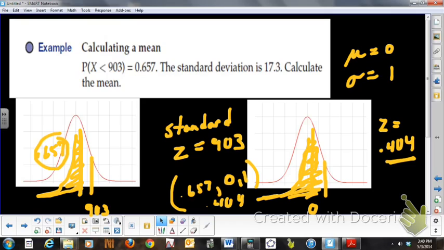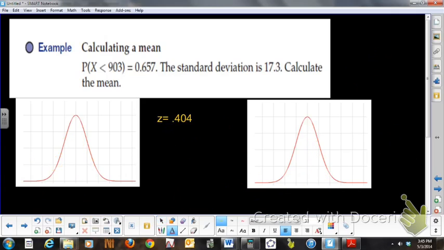So that's our Z score. So now we've found that Z is 0.404, okay? That means, if we go back to our drawing, that value is approximately 0.404 units above the mean, above the average.